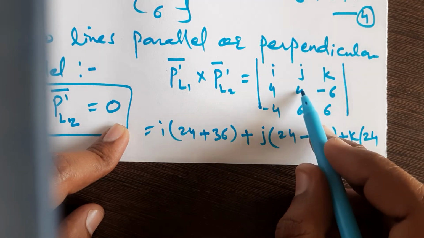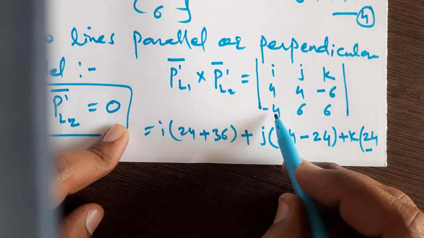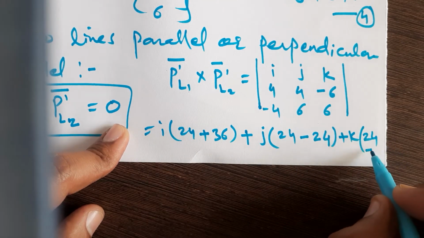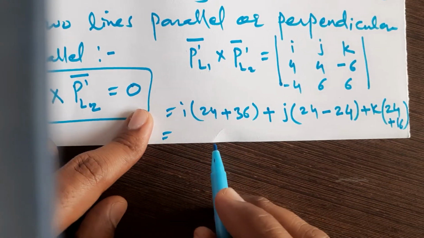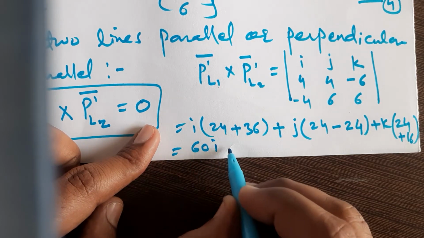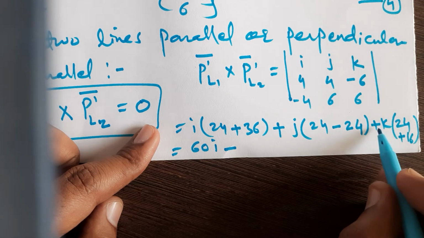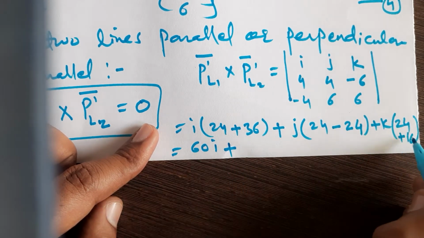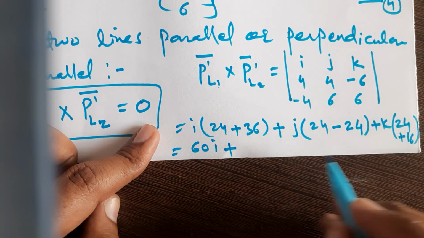And minus, now 4 into minus 4 is minus 16, so minus will become plus 16. Now here we will write 60I, plus 24 minus 24 will get cancelled, and with the 24 plus 16, that is 40K.